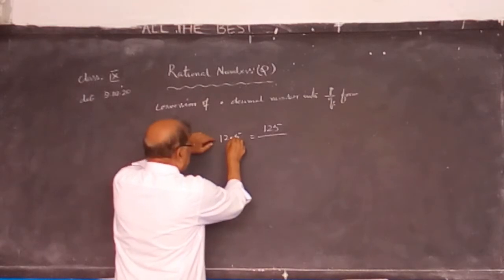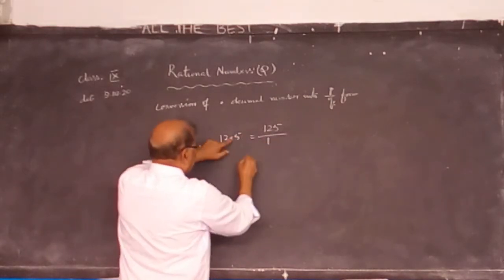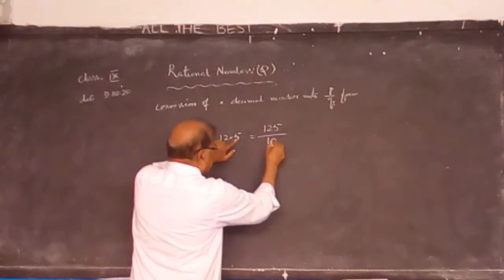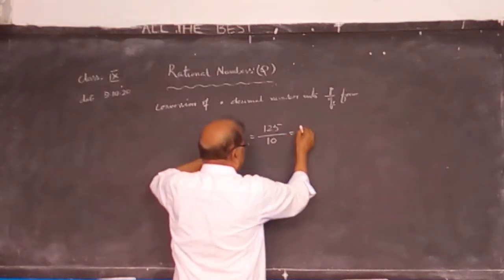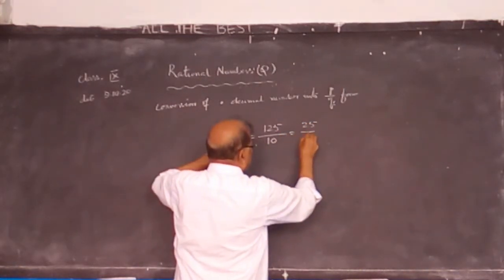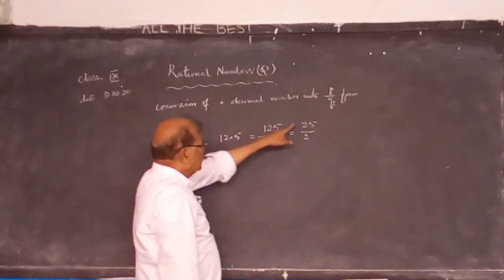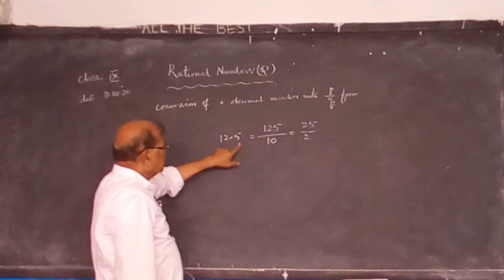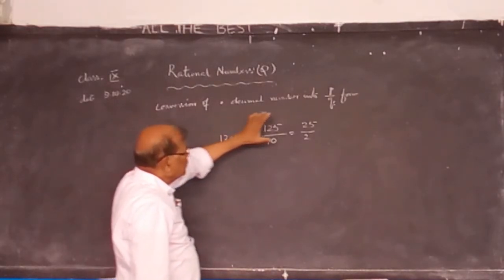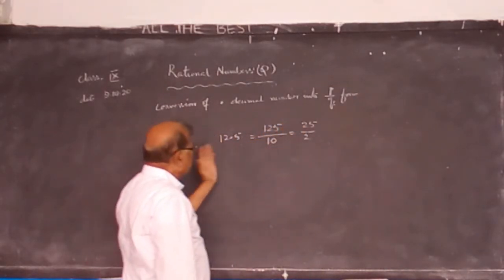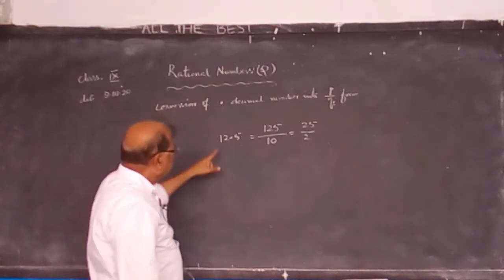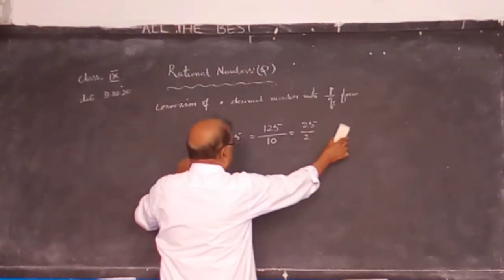And in the denominator take 1 followed by as many 0s as there are digits after the decimal point. One digit is there, so put 0. So this is 125 by 10, and it goes in the 5 table. 5 25s are 125, 5 2s are 10. So 25 by 2 is 12.5. It is decimal form, it is P by Q form. So this is the way of converting a decimal number into P by Q form.